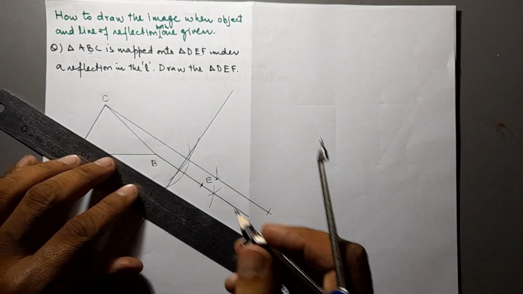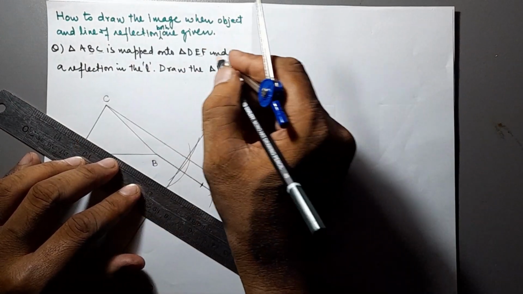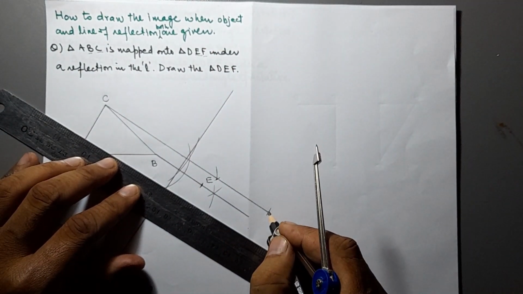Now this point C is mapped onto F, this point is F.